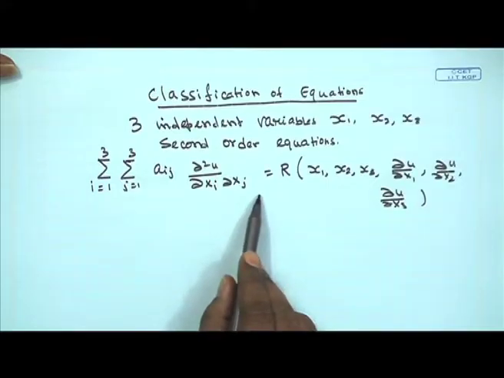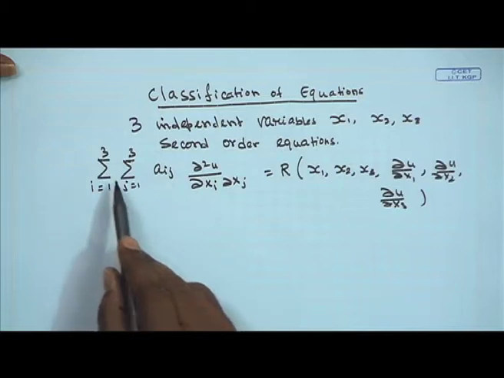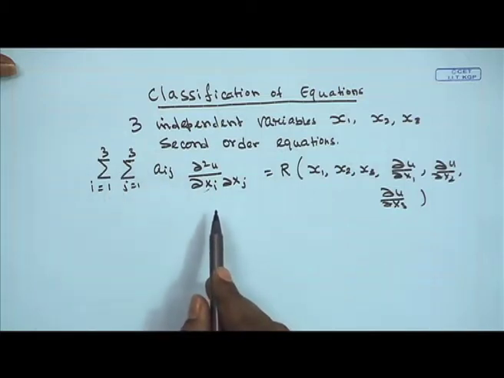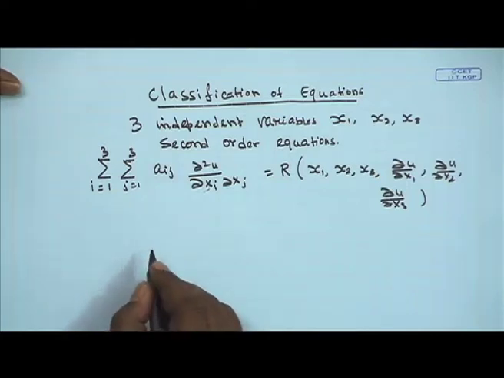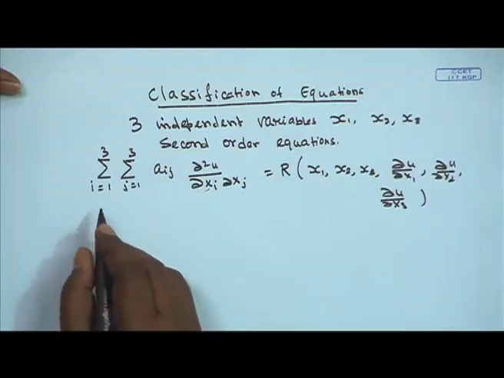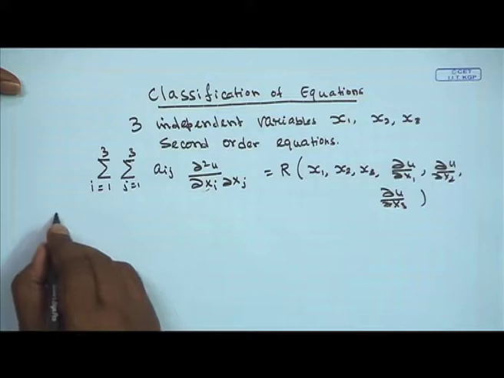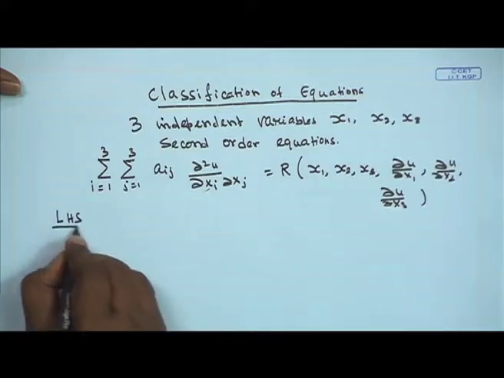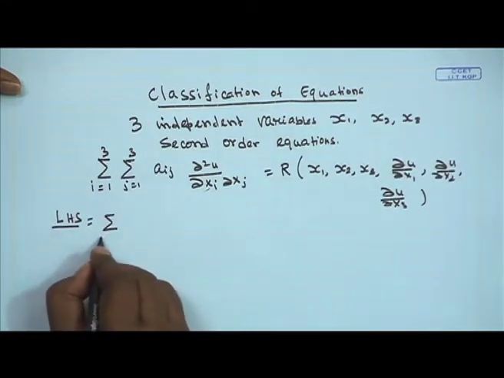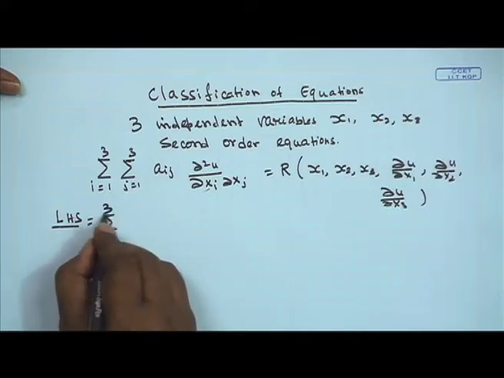So, any partial differential equation of order 2 will be recast in this particular form, and one can just open up the summation on the left hand side and get all the terms containing the order 2. So, let us do that. I open out the left hand side of this equation. So, i is equal to 1, 2, 3.